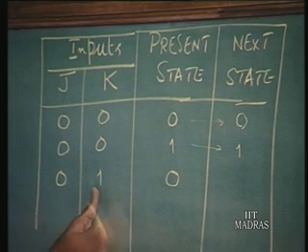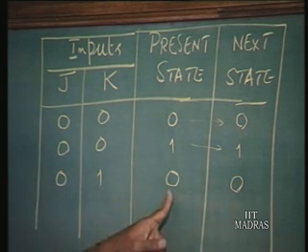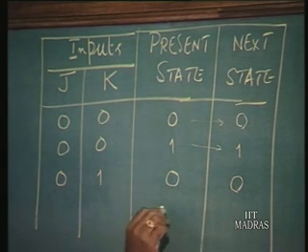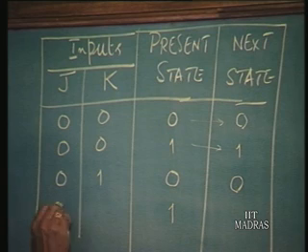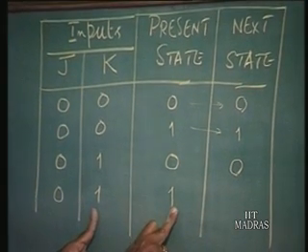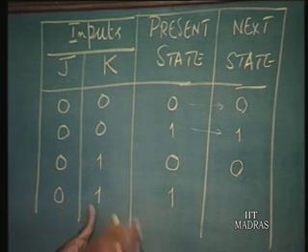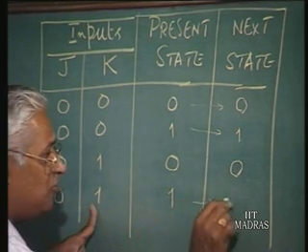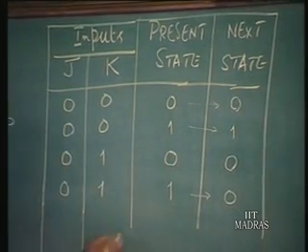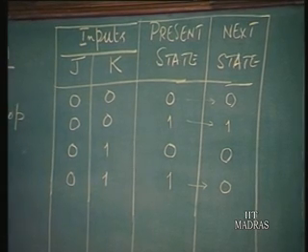Reset means 0. So the effect of that will be to see that the output is still 0. Now on the other hand, with J0 and K1, present state is 1. Now the effect of K will be to reset, that means 1 must be reset to 0. That's what it is.